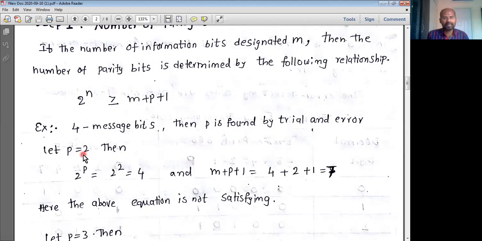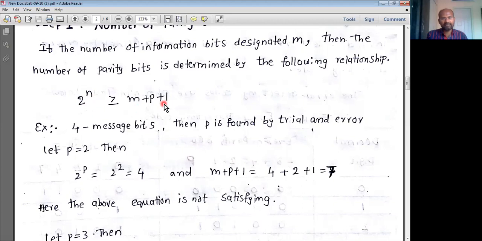Let's say p equal to 2 and see whether the equation is satisfied. For p equal to 2, 2 power p is 2 squared, which is 4.